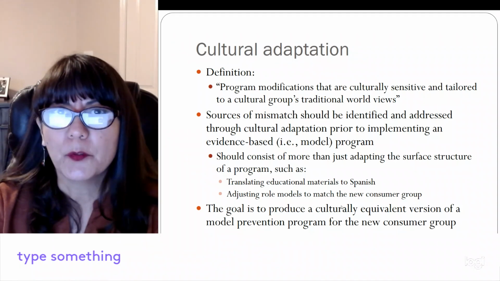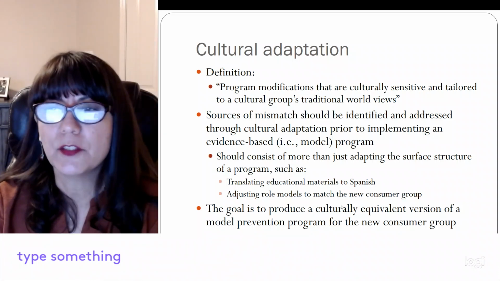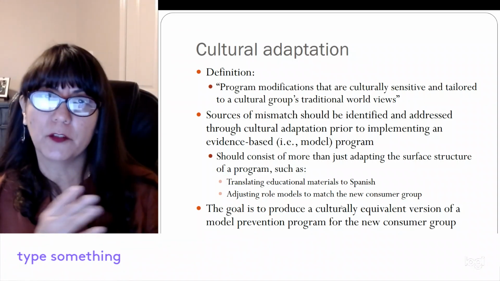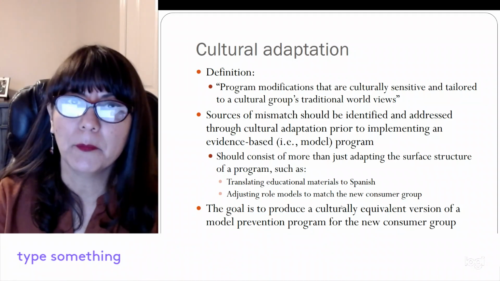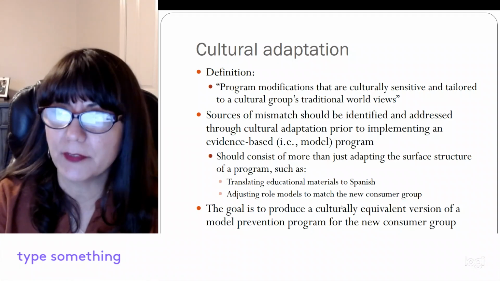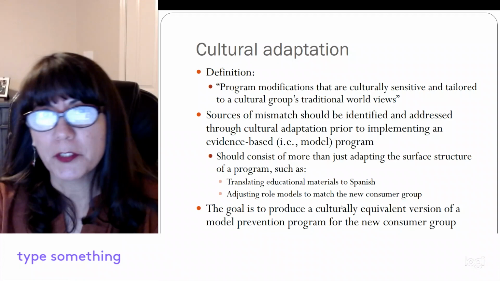One way to adapt a program is to identify sources of mismatch between the original validation group of the model program or the evidence-based intervention, and the new consumer group.